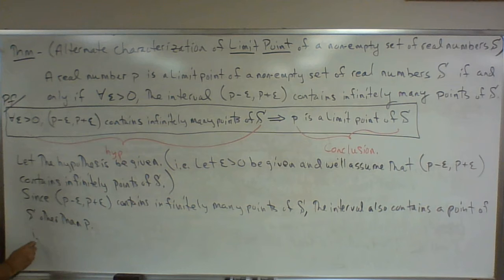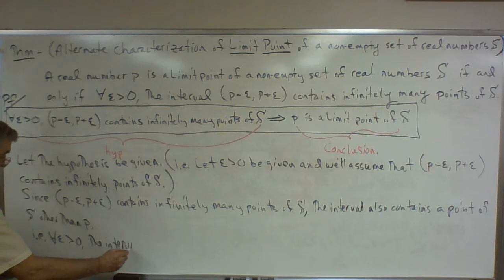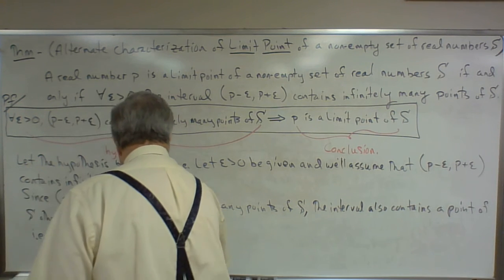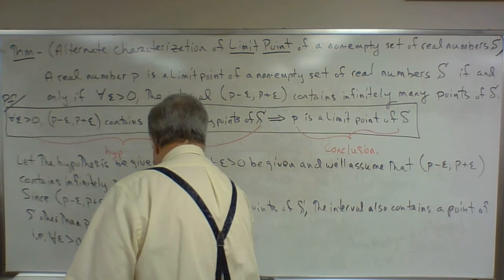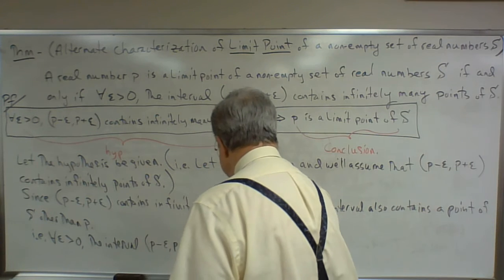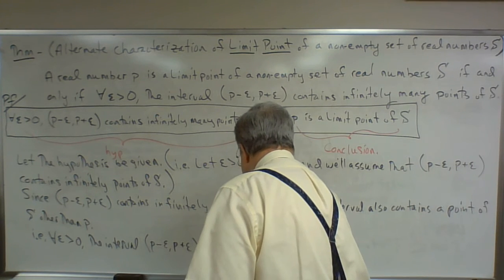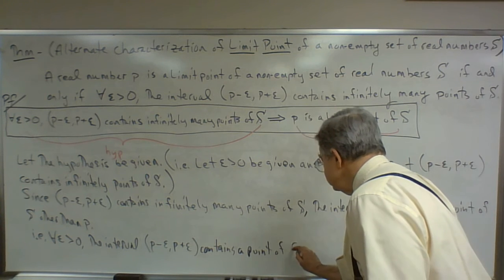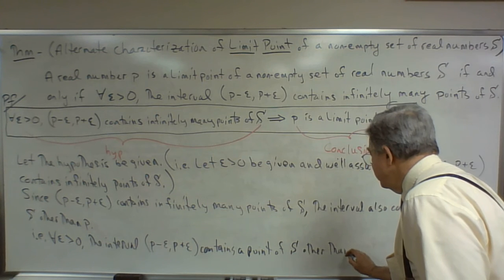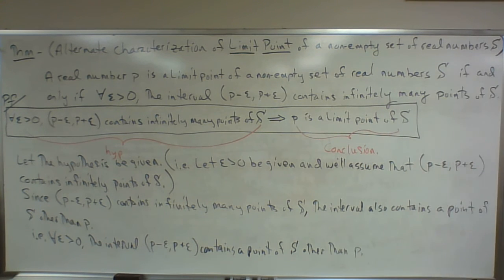So what did we just establish? For each epsilon greater than 0, the interval (P minus epsilon, P plus epsilon) contains a point of S other than P. And what does that mean?